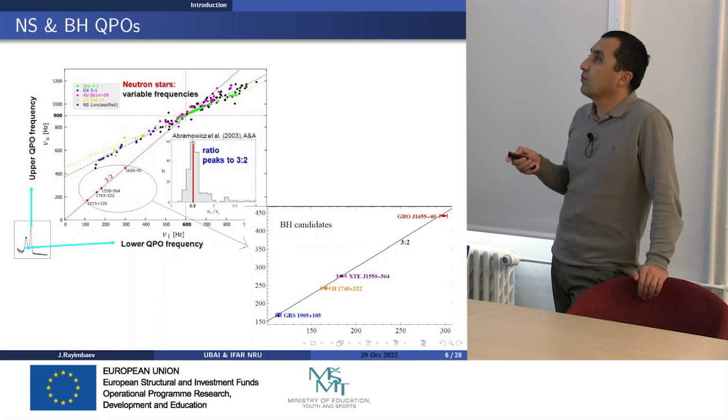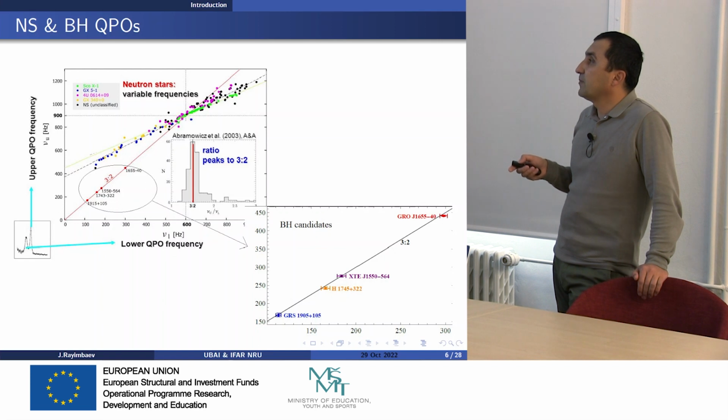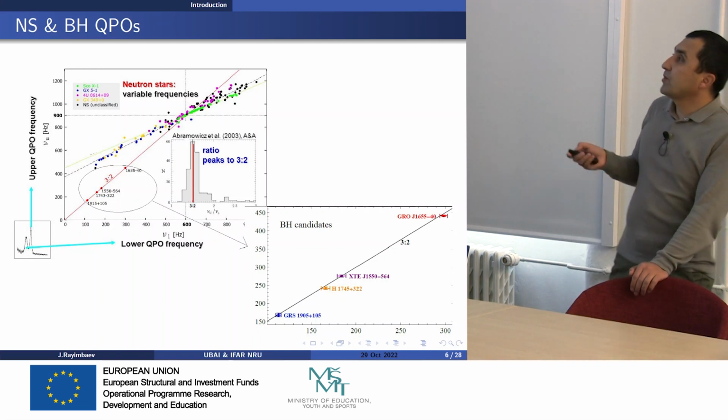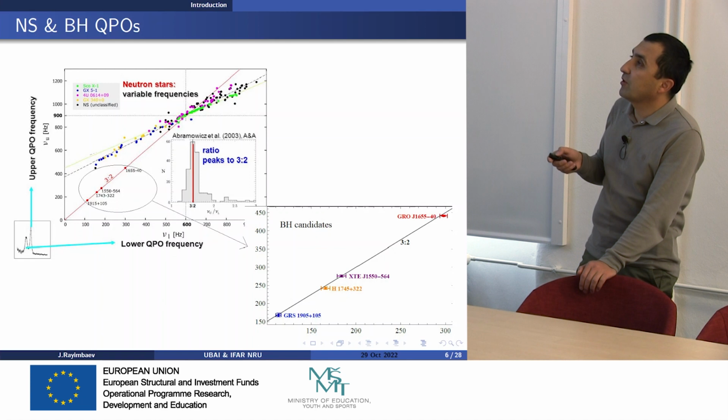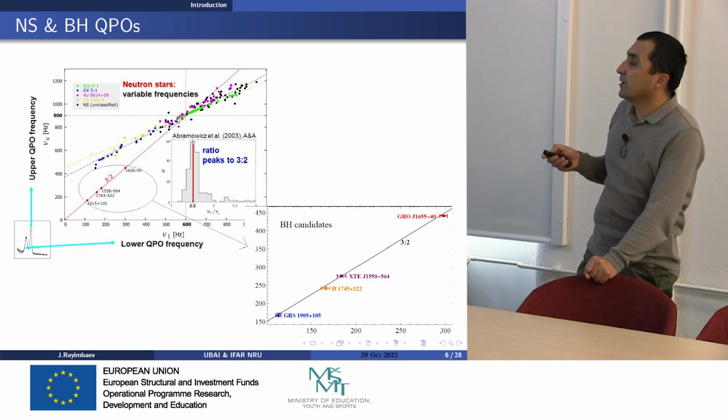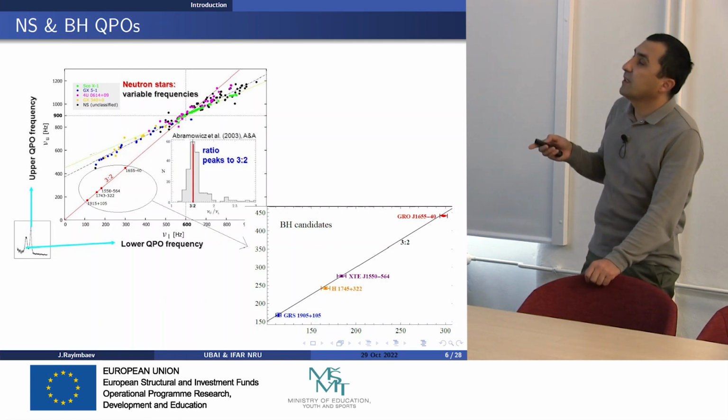But here I would like to mention these four objects shown on the line, which take place on the 3/2 ratio line of upper and lower luminosity, and we can use this data from the lower and upper luminosity of the QPOs from these microquasars as black hole candidates.